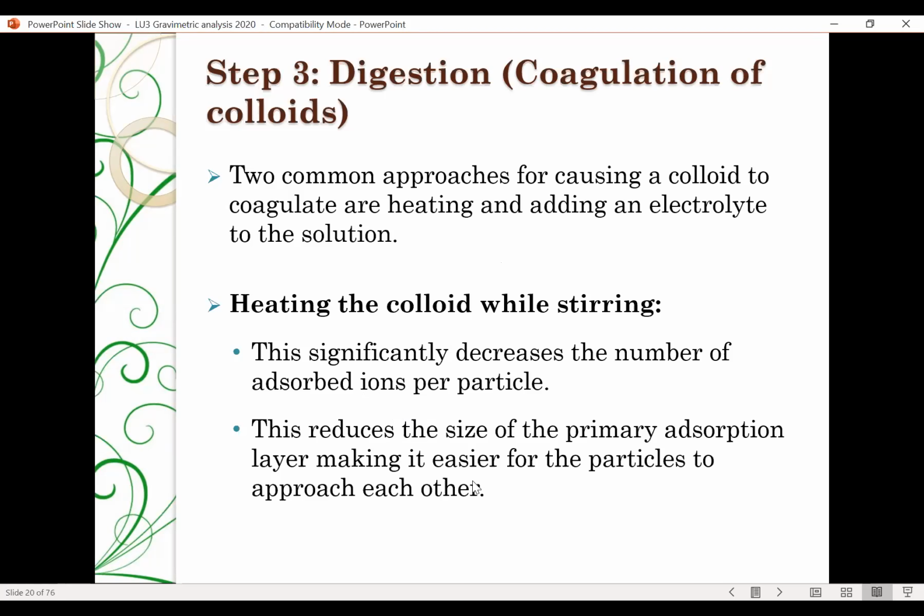So it reduces the size of the primary adsorption layer, making it easier for the particles to approach each other. For now, you can jot down the term primary adsorption layer. I want you to search for the definition of this term. We're going to take a look at the diagram later, but first jot down the primary adsorption layer.